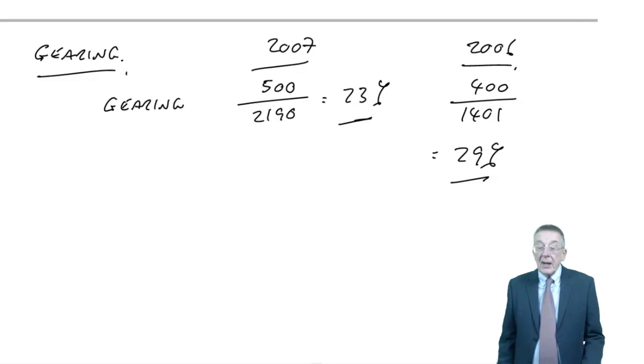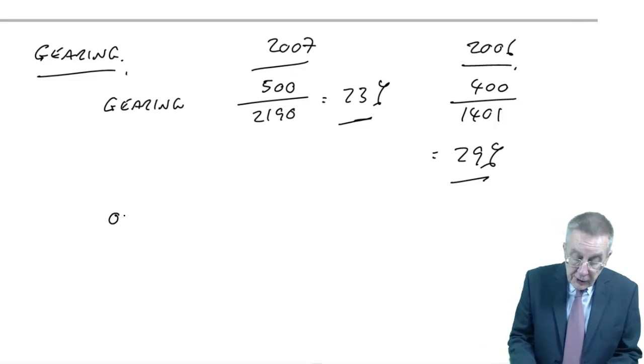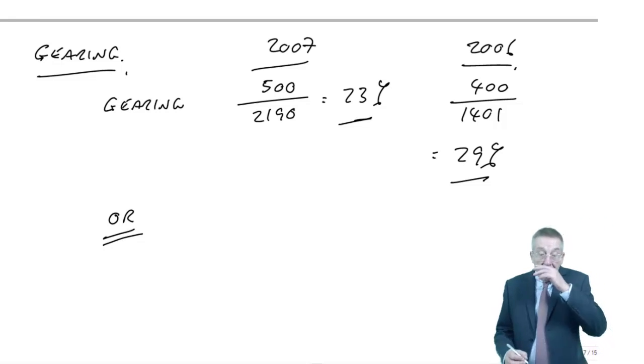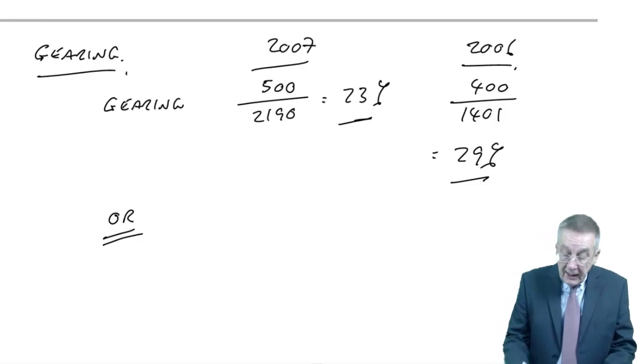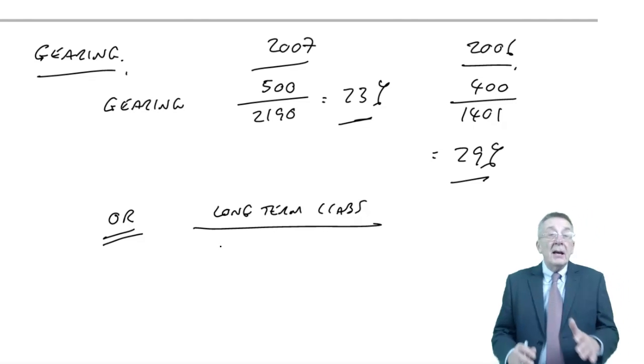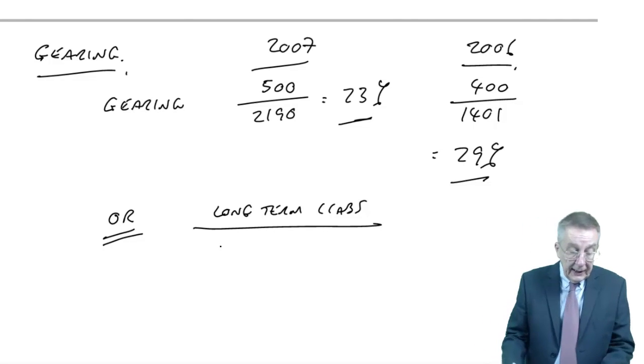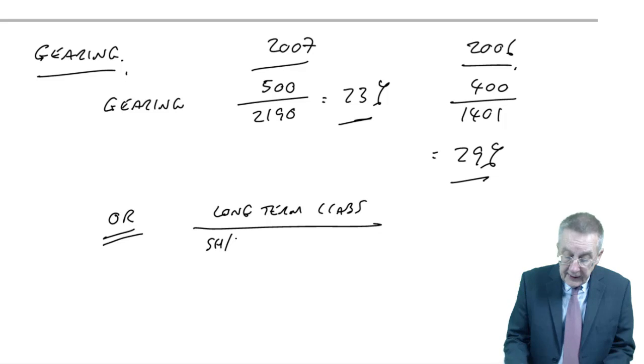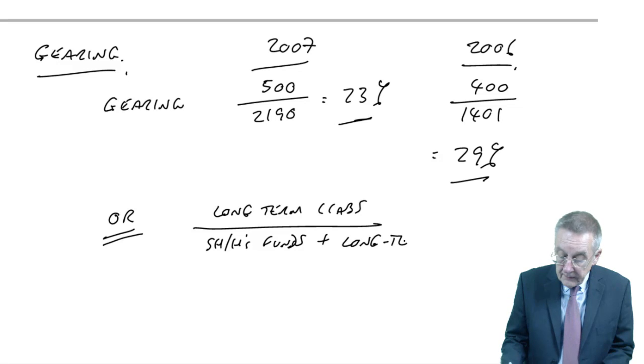I did say there was another way of measuring it. The other way of measuring it is your long-term liabilities as a percentage of the total long-term borrowing. So shareholders' funds plus long-term liabilities.